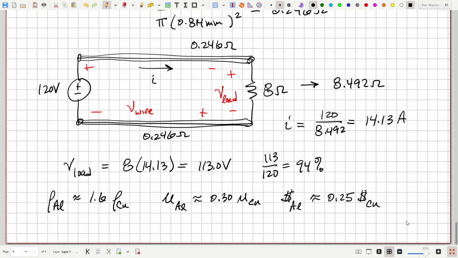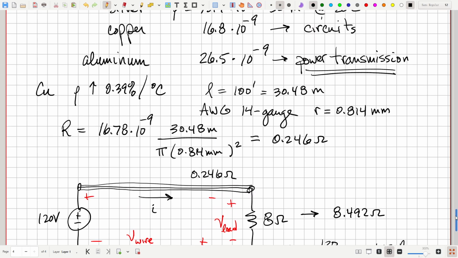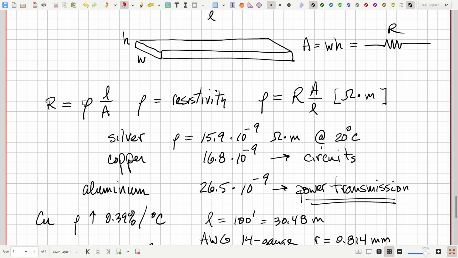So when you put this together, right, in order to get the same resistance, we're going to need wires which have a cross-sectional area that's about 1.6 times as big. Let's look at our formula up here. If this rho goes up, then for the same length, the cross-sectional area has to go up by the same factor so that that ratio stays the same and we get the same resistance.